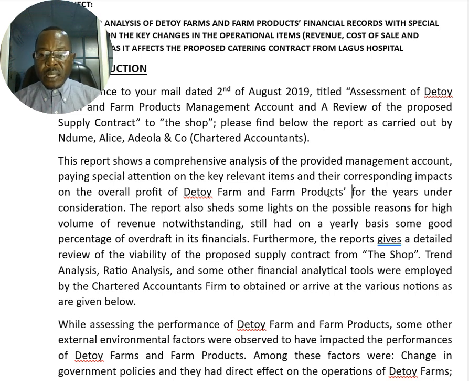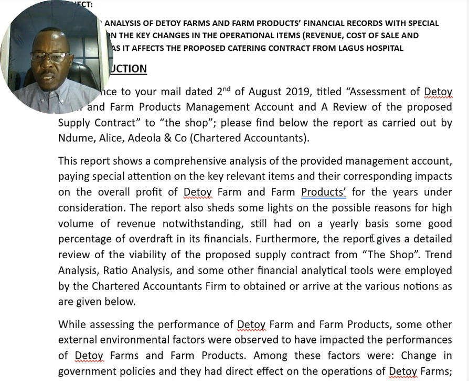The report also sheds some light on the possible reason for high volume of revenue, notwithstanding that it still had on a yearly basis some good percentage of overdraft in its financials. Furthermore, this should be the report.